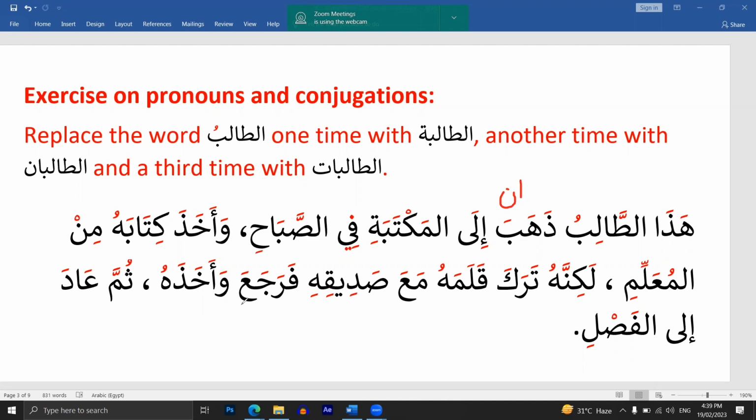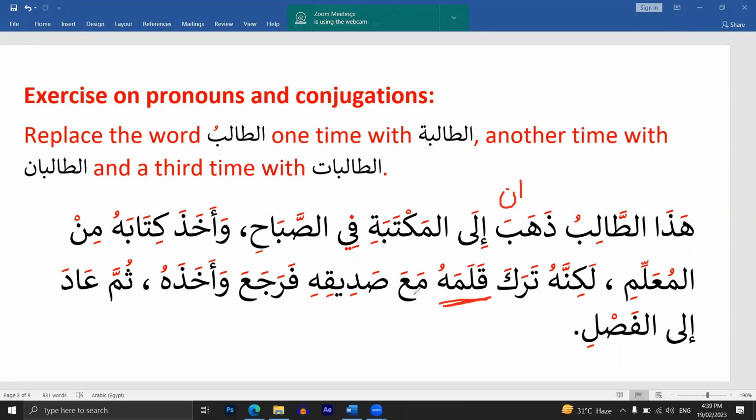Or وأخذاهما? They took what? قلما, so it will be هو. They took only one thing, right? So it will be هو. Yes. ثم عادان إلى الفصل. Okay, I'm not sure about this فرجعا.